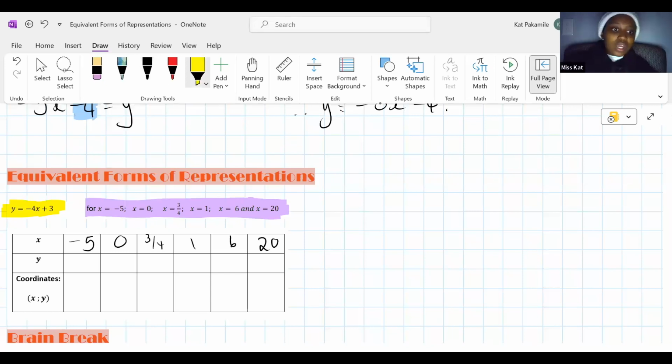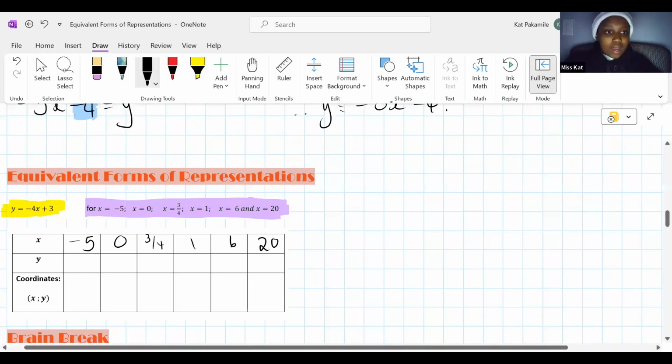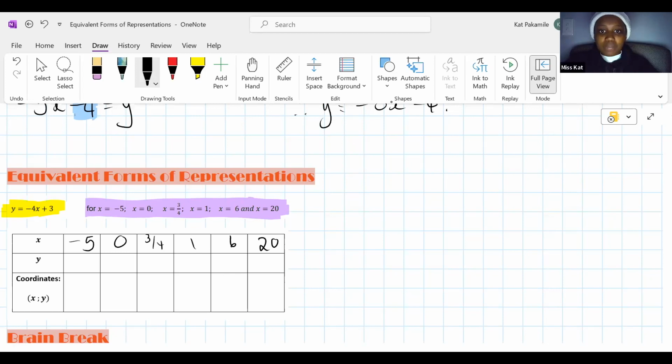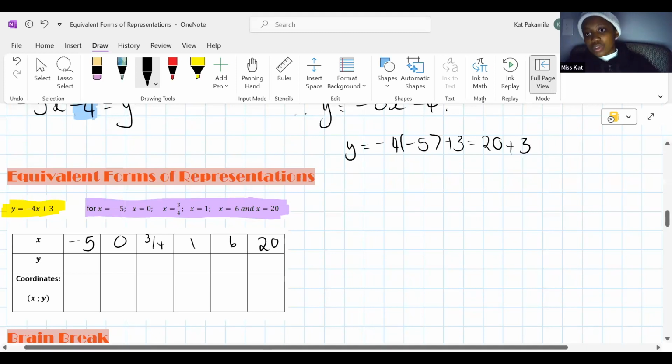So let's get going. For x equals -5, what's my y going to be? You're going to say y equals -4 times -5 plus 3, which equals how much? 23. Beautiful. Because this is 20 plus 3, which is 23.